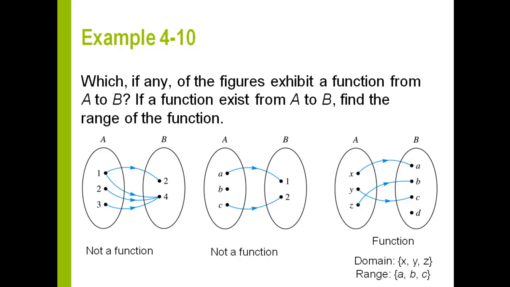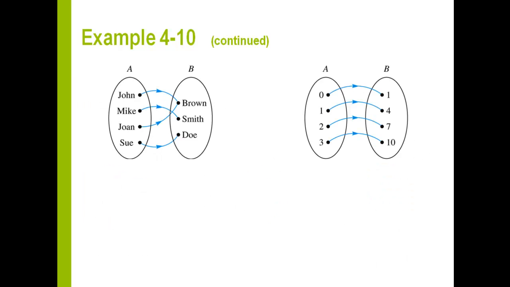The last one is a function, and the domain, the inputs, are X, Y, Z, and the range is A, B, and C. Notice that D hasn't been assigned to any input, so we would not consider that a part of our range.